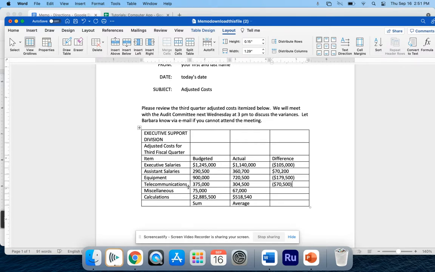Okay, so we've got one left. We're not doing calculations. Okay, so under miscellaneous, you come back over here, and now you take the 67,000 minus the 75,000. I'm going to give you a moment to think about what your cells will be.